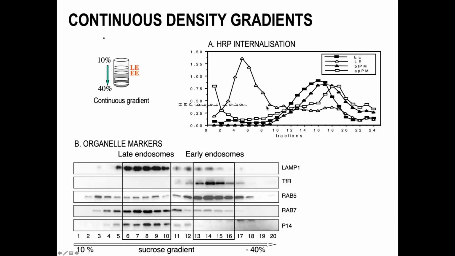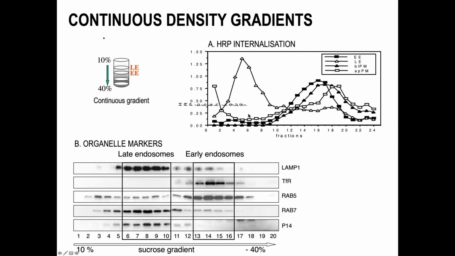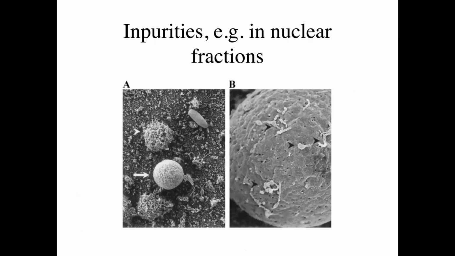We see a nice internalization, but we see there's a problematic area in the gradient where we have different endosomal fractions, plasma membrane, all accumulating in that area. That means here we have a rather low resolution, here we have a good resolution, showing you that you need this kind of balance sheets in order to be sure how much you can enrich.